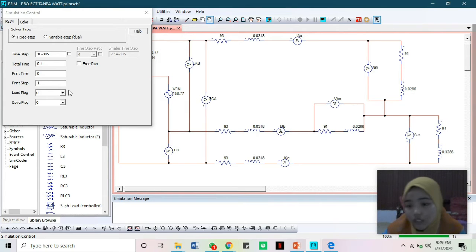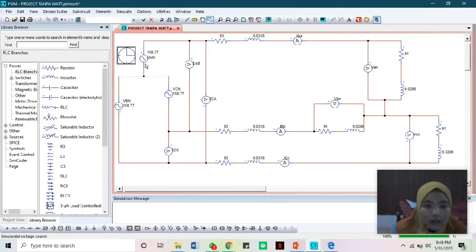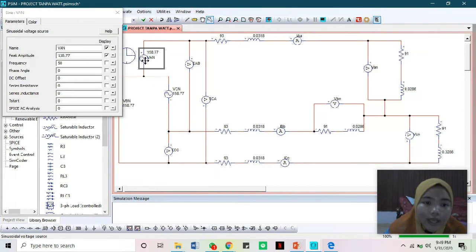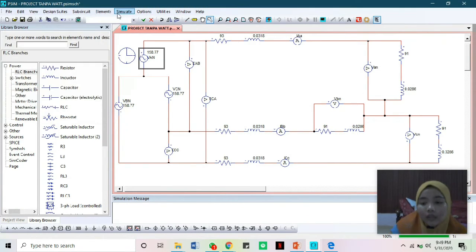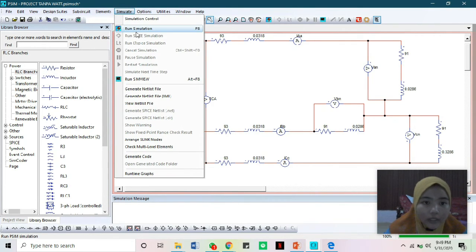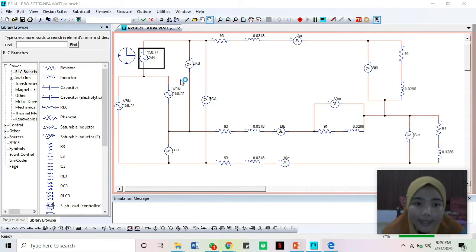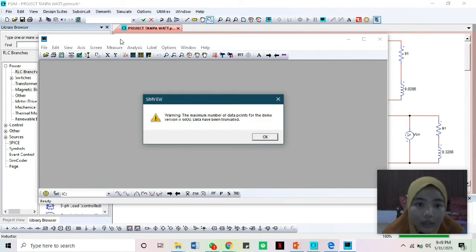We set the total time to 0.1. And before I forget, the frequency of VAN is 50. The load phase is 0, so it will be lagging 30 degrees. So we run the simulation and then, okay.